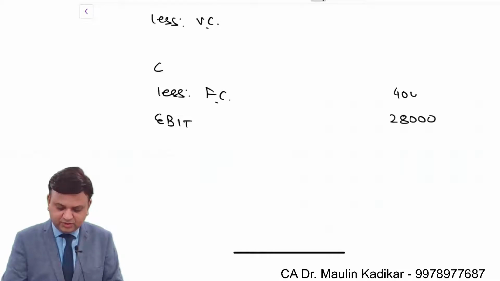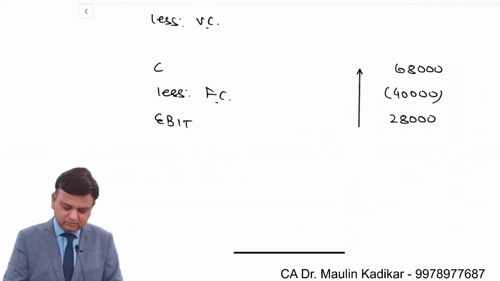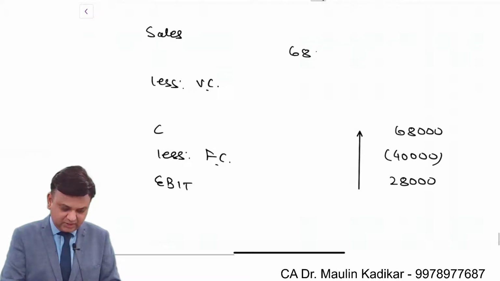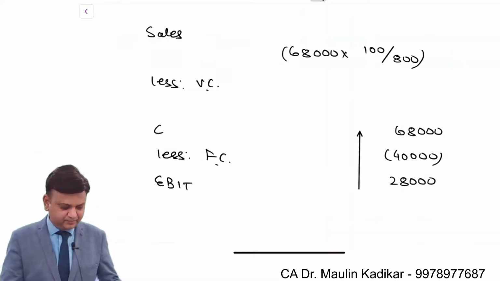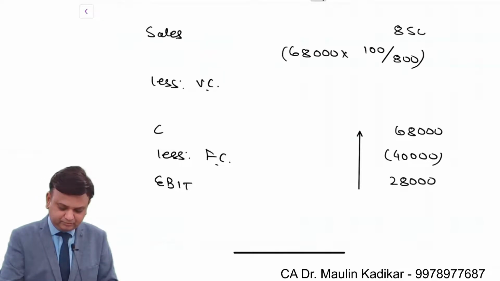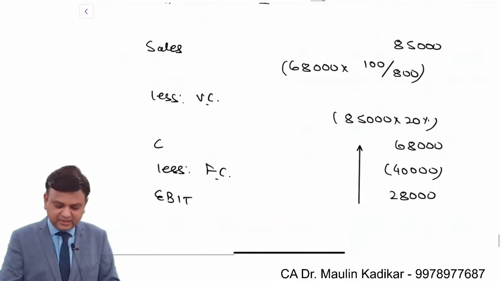So the amount of contribution is 68,000. Profit volume ratio is 80%. So 68,000 into 100 upon 80. So the final answer is 85,000. Variable cost is 85,000 into 20%. That comes to 17,000.